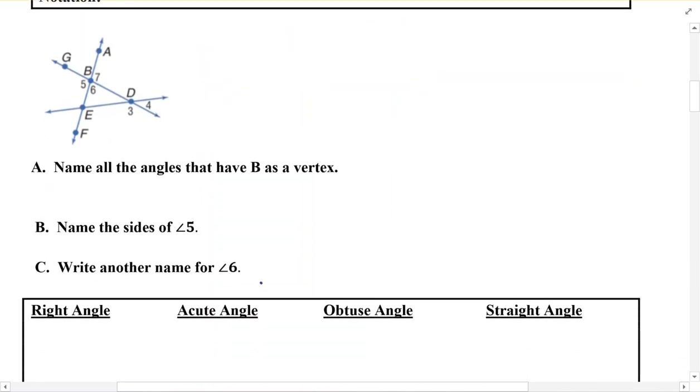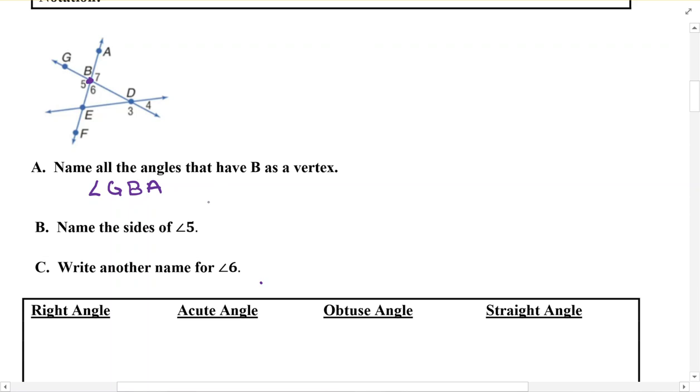If we look at the next diagram, and I look at point B, I can't just talk about angle B because there are 4 different angles listed here that have the vertex B. So one of the angles would be GBA. Remember, B has to be in the center because it's the vertex.